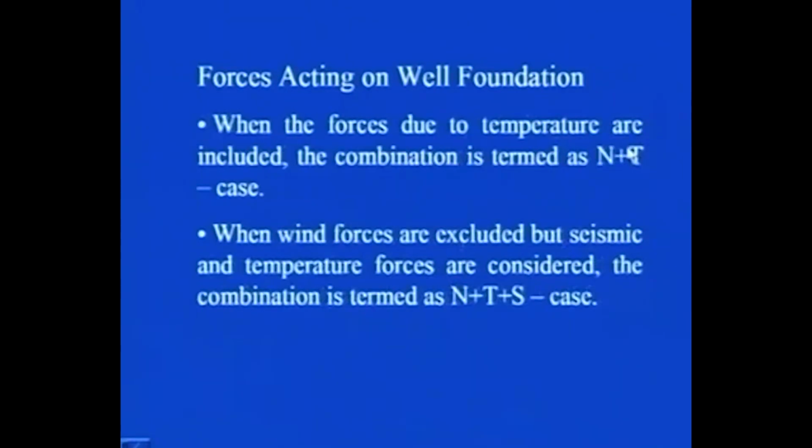N plus T case means you have considered all those forces which fall under N case plus the temperature forces. Then N plus T plus S case: in this case you have to exclude the wind force and include seismic as well as temperature forces. So, that is the N plus T plus S case.